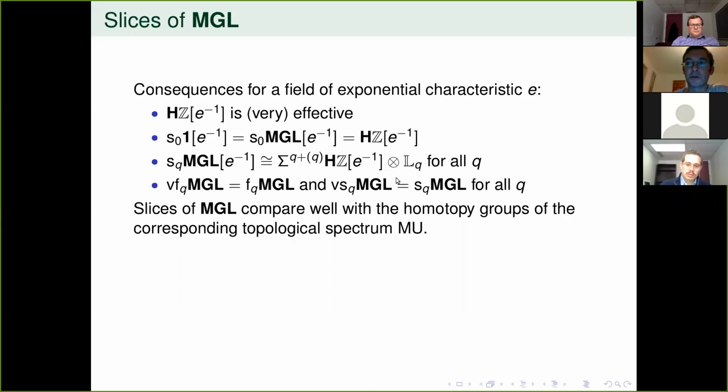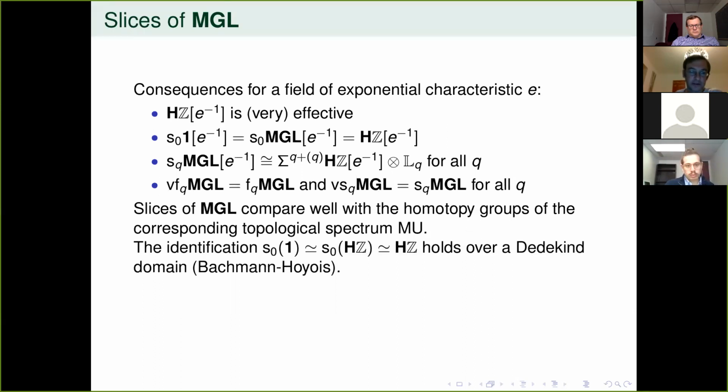And in this situation, we actually get that the q-th effective filtration is the same as the very q-effective filtration. So in this case, we already computed the very effective slices. They coincide with the slices. And the slices of MGL correspond to the topological homotopy groups of MU.